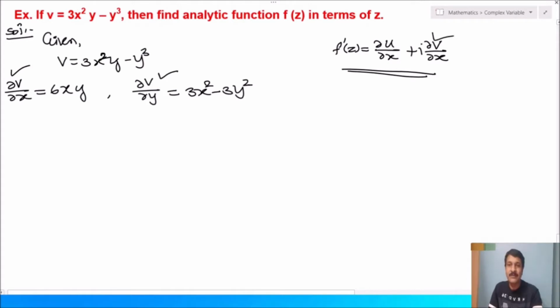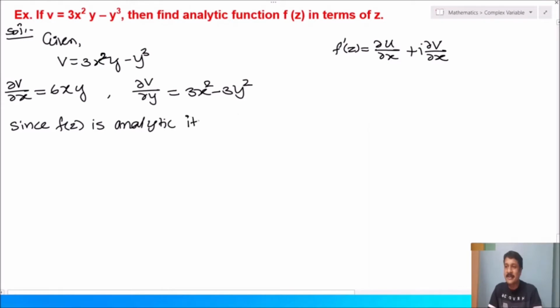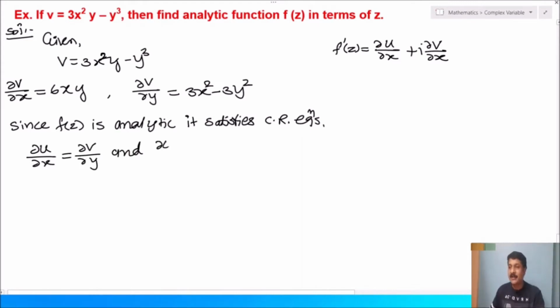So we have this value, and I want to replace this in terms of v. How? By the C.R. equations. Since f of z is analytic, it satisfies the C.R. equations. What are the C.R. equations? du by dx equals dv by dy and du by dy equals minus dv by dx.